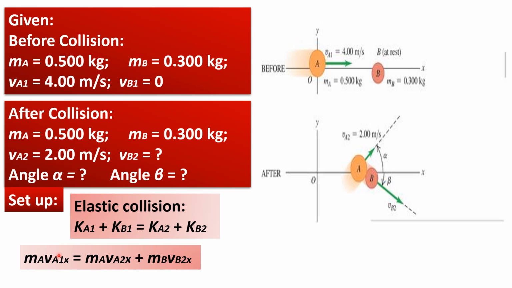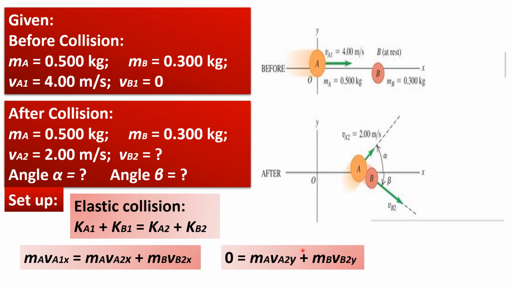This is the momentum of particle A before they collide. The momentum of particle B before the collision is understood to be zero, so it's no longer included in this equation. And then this is equated to the total momentum of the two particles after they collided. So this is for the x component of the momenta as denoted by the subscript x.